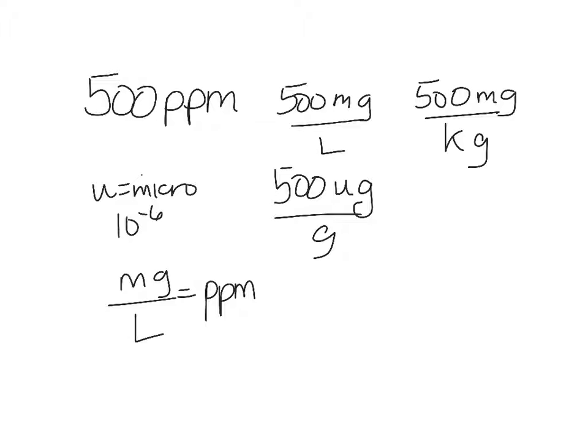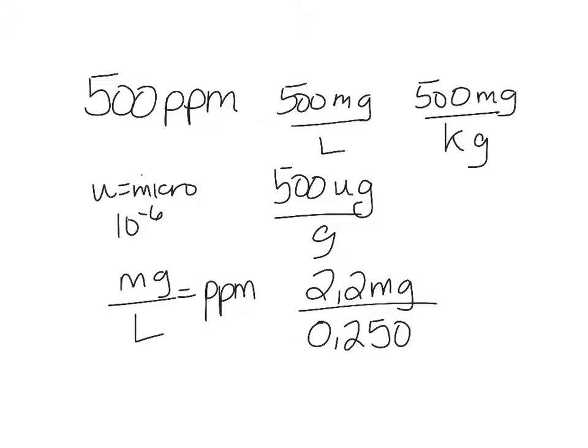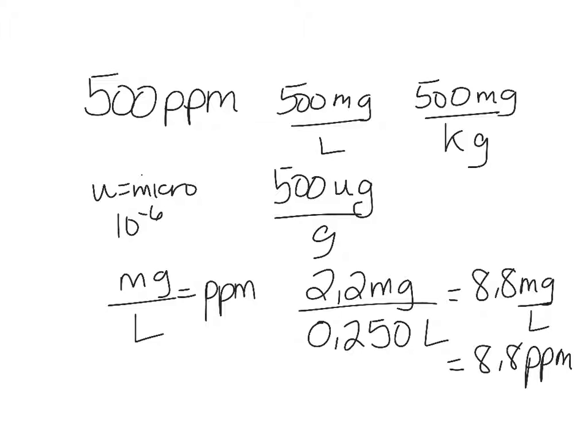So we have 2.2 milligrams and we have 0.25 liters. What is that number? Drew? So you have the ppm? Yep. 8.8 ppm. So the units are interchangeable. If you've got milligrams over liters, you can say that that's ppm.